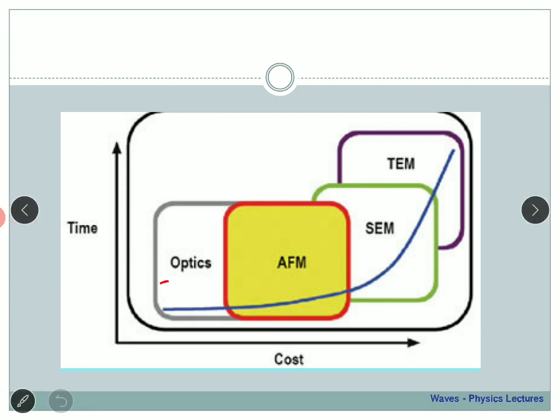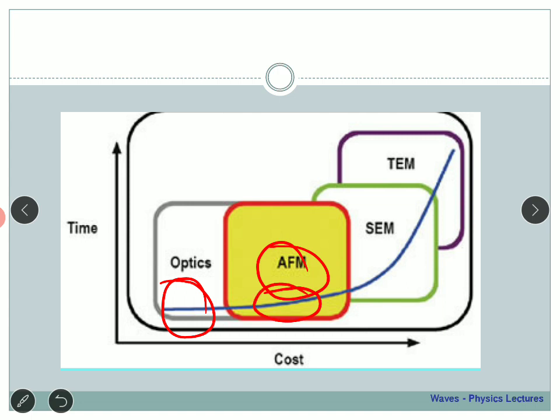So here time and cost is not much, but as we keep on going to higher and higher order of characterization, for example, let's say AFM, the atomic force microscopy, the time needed is a bit more and the cost is also a bit high.